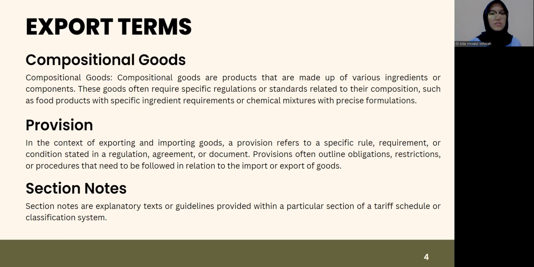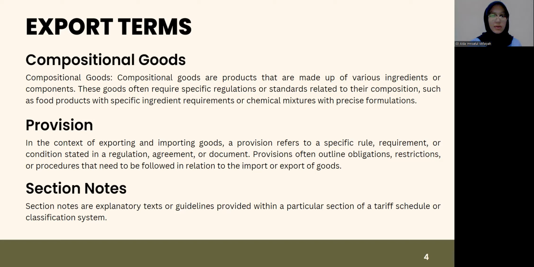These compositional goods are products that are made up of various ingredients or components. These goods often require specific regulations or standards related to their composition, such as food products with specific ingredient requirements, or chemical mixtures with precise formulations.